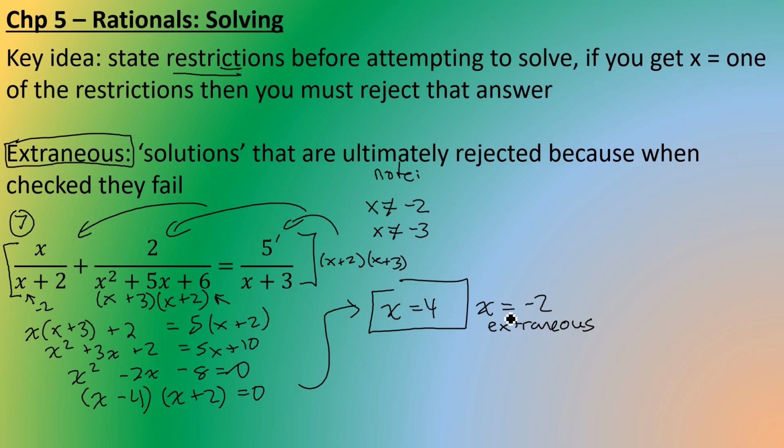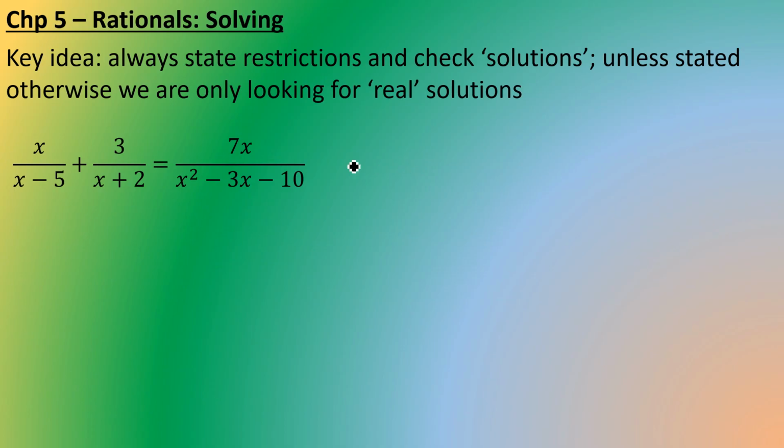So we have to reject that answer. So we should always state our restrictions and check our answers. Also note, we are looking for this chapter only for real solutions. So if we were to get i's, complex numbers, we can go ahead and ignore those for this chapter.